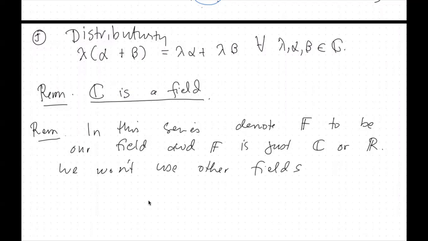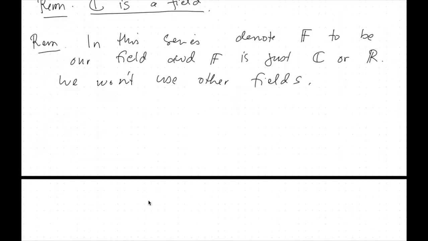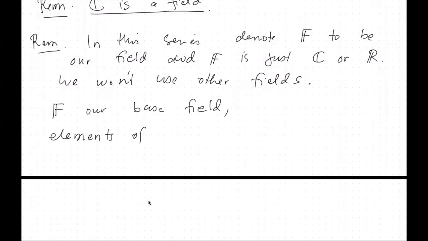I think the sophistication of C and R is enough. And of course, this is because we're just following the book. So F here is our base field, and elements of F are called scalars.